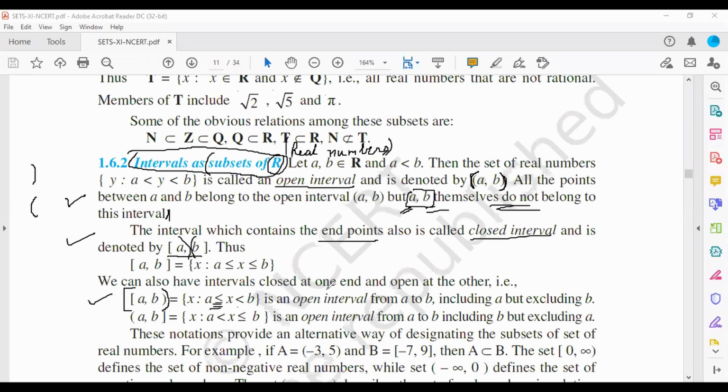So it includes A but excludes B. You use a square bracket on the left side at the beginning, and for the closing it becomes a round bracket. Exactly opposite in the next case: A is not included, but on the ending side B, the equal-to is present, so it is a square bracket.